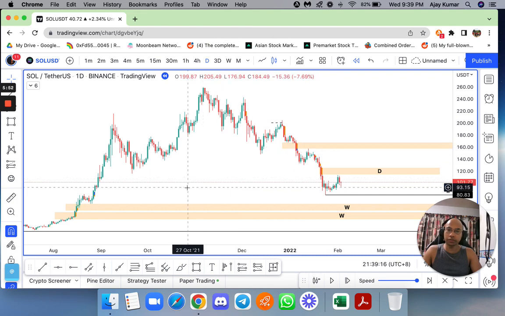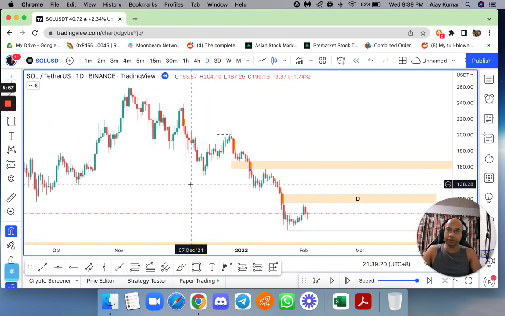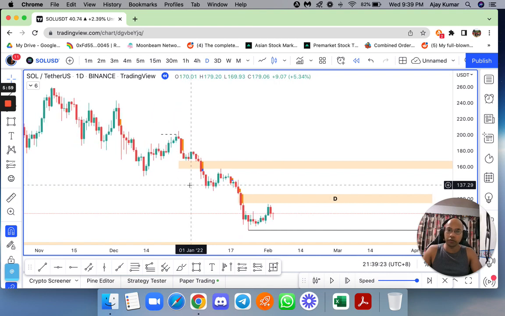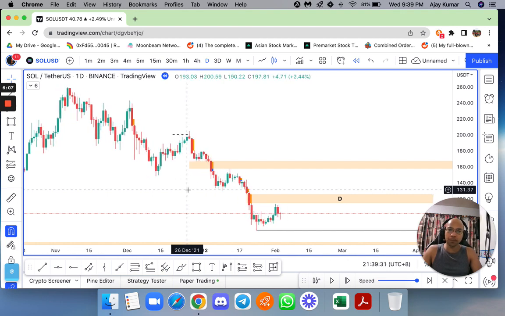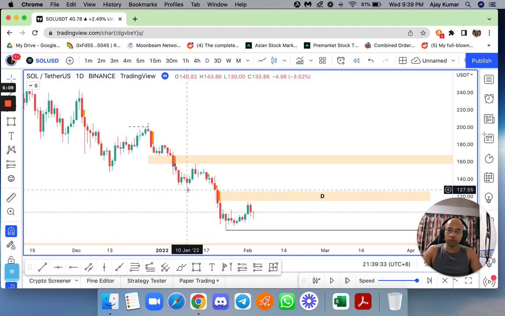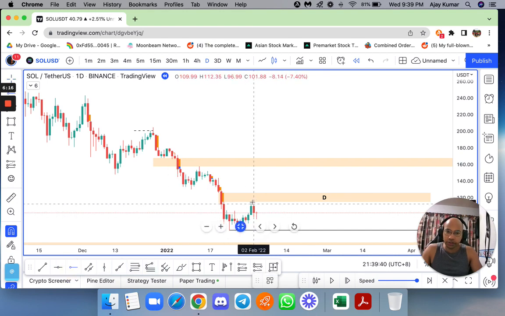Any other pivot? Tell me, do you see anything? Fair value gaps, order blocks, and pivots. I don't see any pivot. Maybe I'll mark out this pivot.